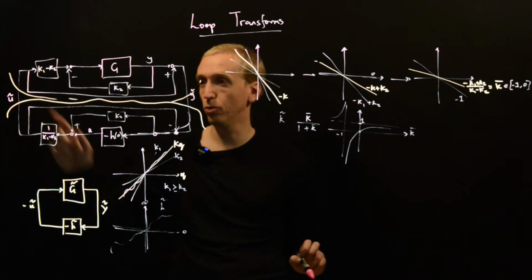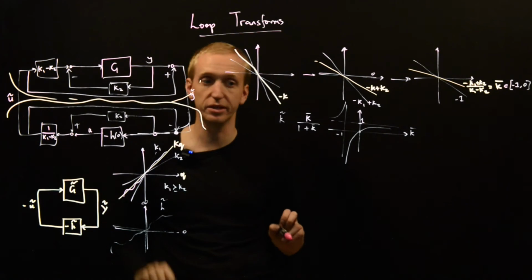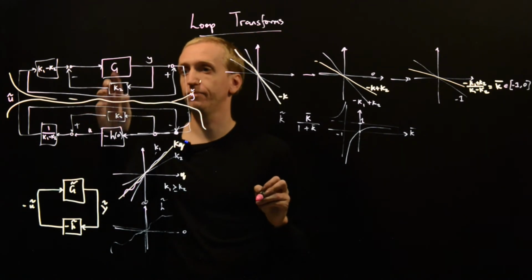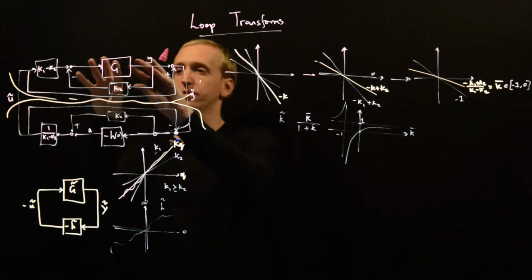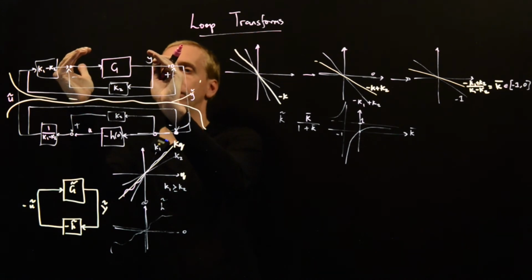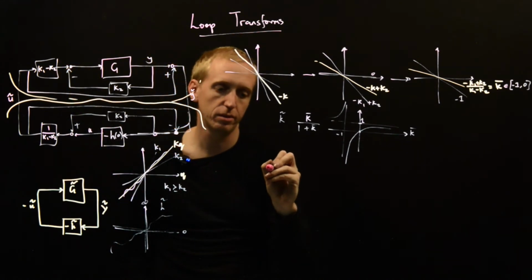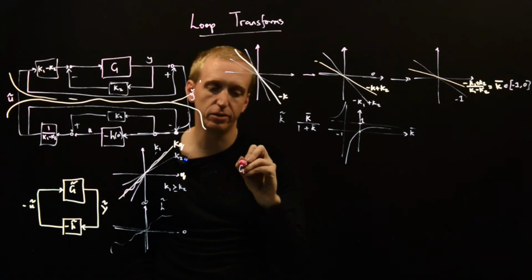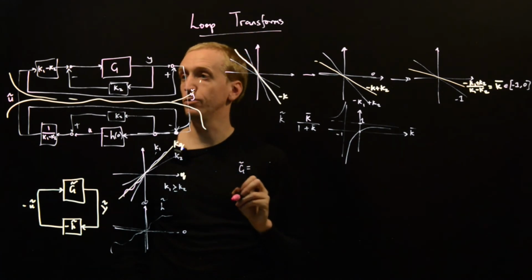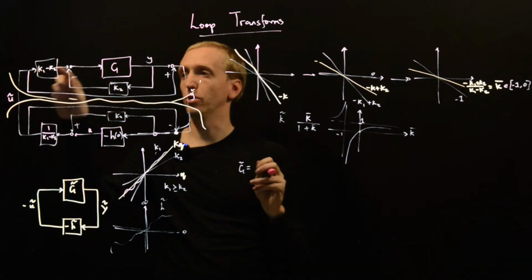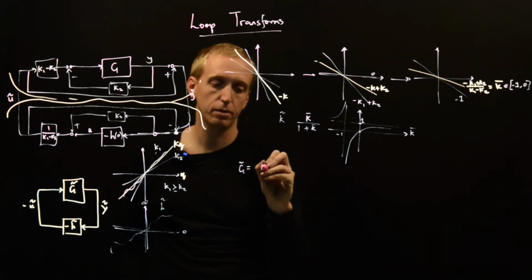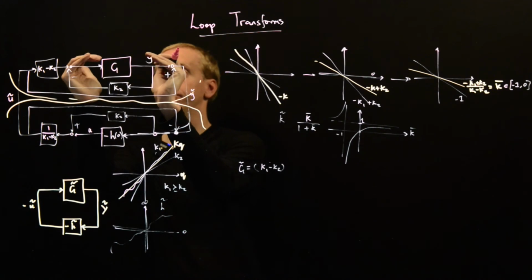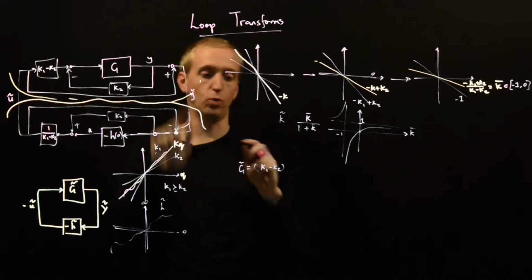So what's the final piece of the puzzle? Well, we just need to work out what this transfer function g tilde is. And so we can just do our transfer function manipulations. So g tilde is equal to k1 minus k2 multiplied by this transfer function here plus 1.